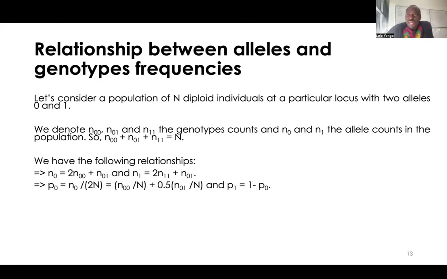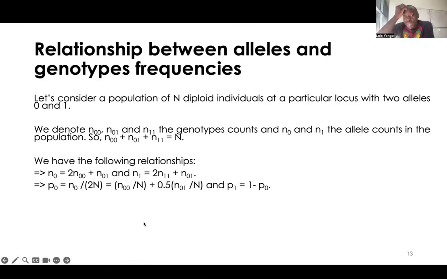Now if we are interested in allele frequencies, so the frequency of the 0 allele or the 1 allele, again we're looking at diploid individuals, so each person has 2 alleles. How many alleles are there in total in a population of N individuals? There are 2 times N alleles present. Therefore, to get the frequency, we simply divide n_0, the total number of 0 alleles present in the population, by the total number of alleles, 2 times capital N, and that gives us the allele frequency p_0.